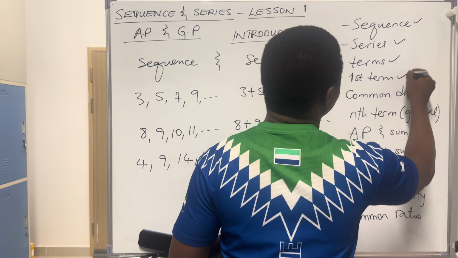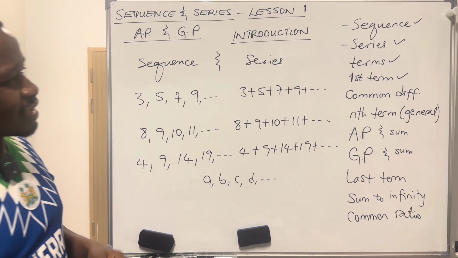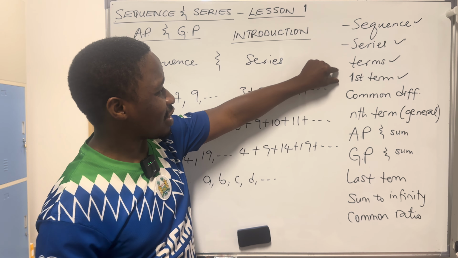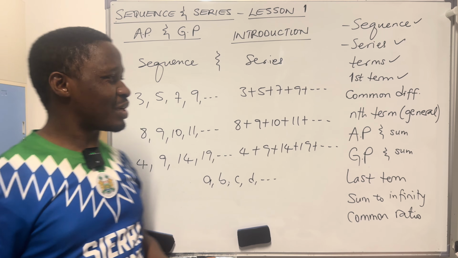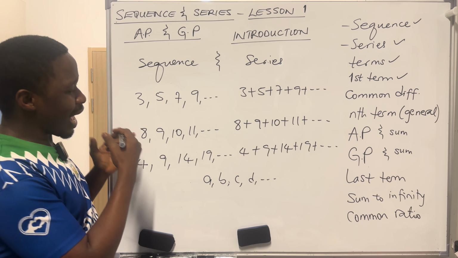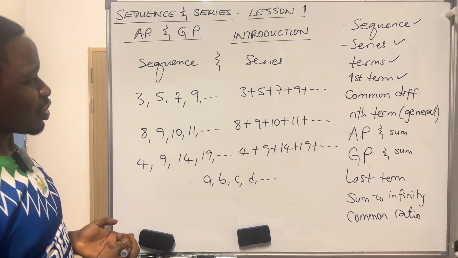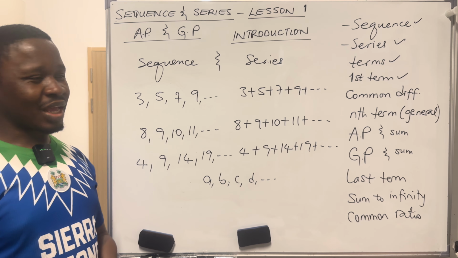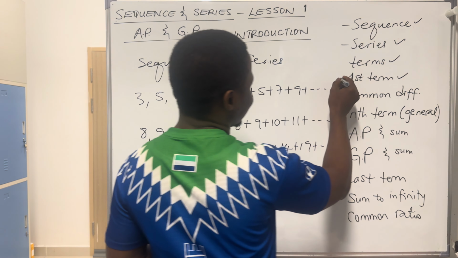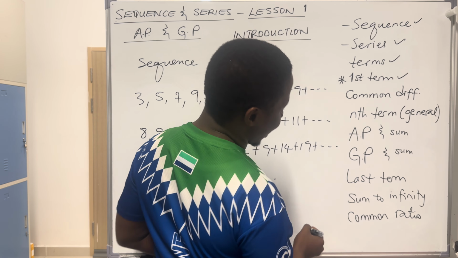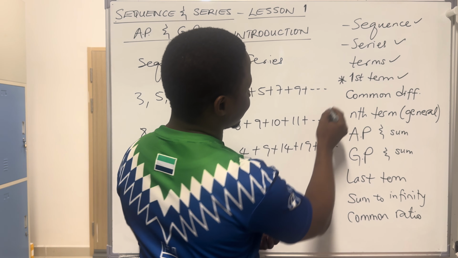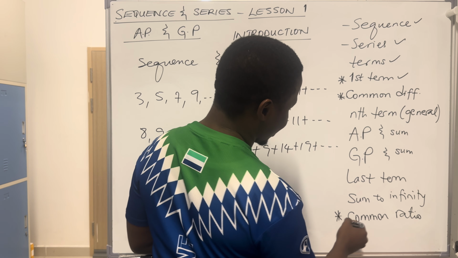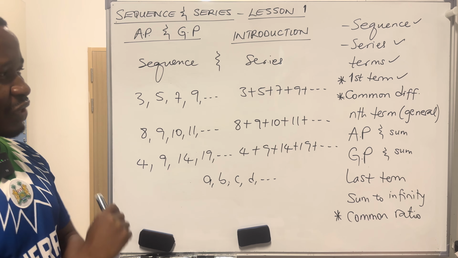It may sound funny or interesting to have a special concern for first term because once numbers are listed, you just have to expect first, second, third. But here, the first term and the common difference or common ratio are specific.